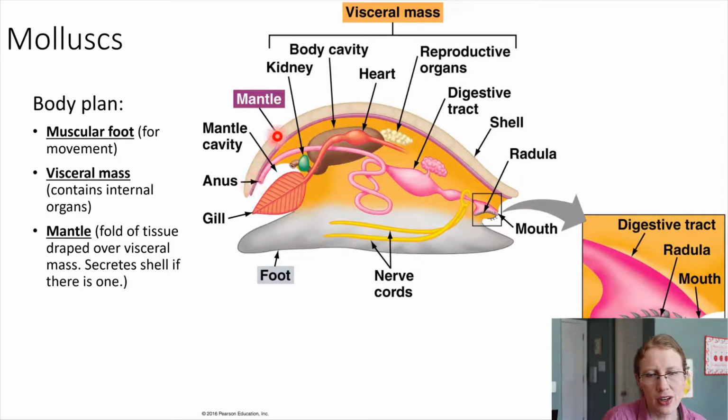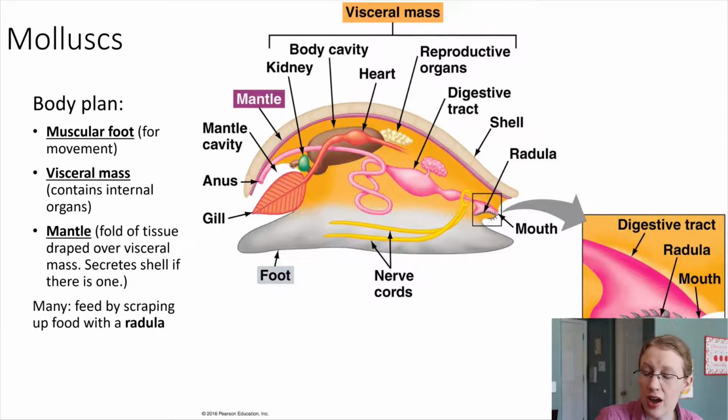In this picture, it's shown in purple. That's the mantle. And if there is a shell present, like many snails have shells, it's the mantle that's going to be producing it. So it would secrete this hardened material, which should be the shell of the mollusk. Okay, so those three things are present in all mollusks.